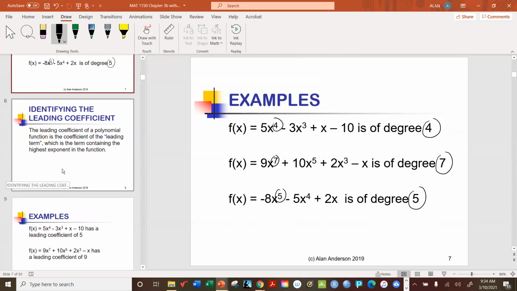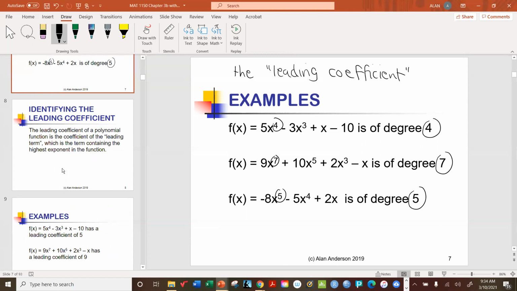Then we have this concept, you may remember this idea, the leading coefficient. Oh boy, what is that referring to? Well, it's the coefficient of the term containing the highest exponent.